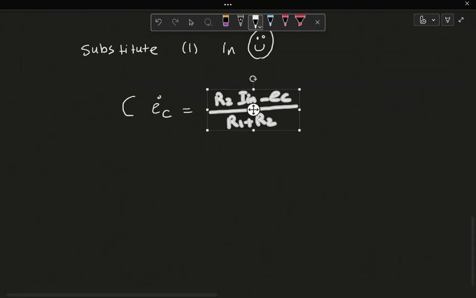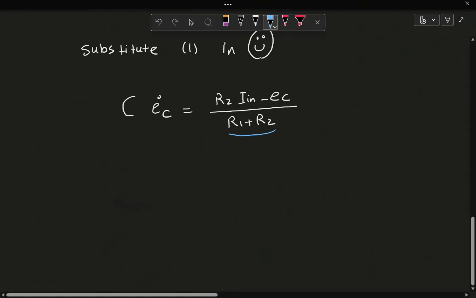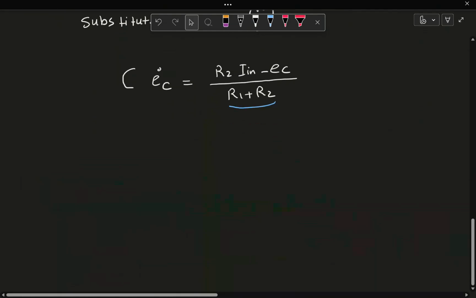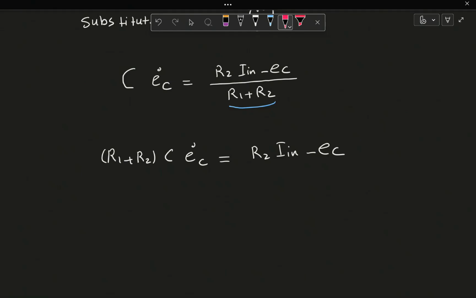At this point, I can multiply both sides of this equation by the denominator to get rid of it. So it's going to be (R1 plus R2) multiplied by C EC dot equals R2 IN minus EC. Then I can gather all the inputs on one side and all the dynamic terms on the other side, and check for the signs. If the signs match, I can box this equation.